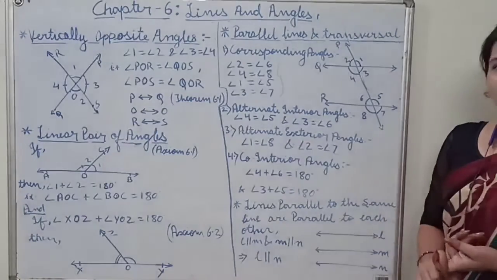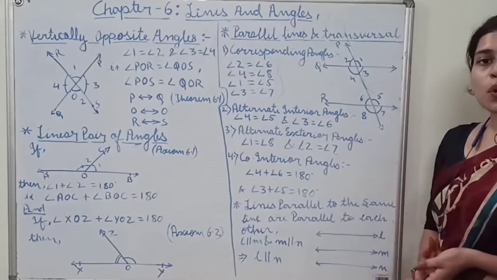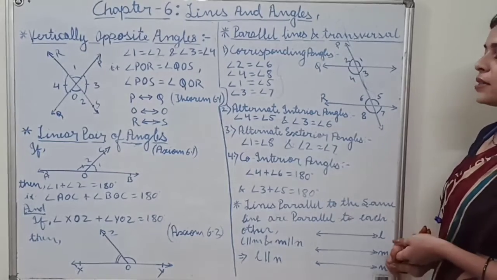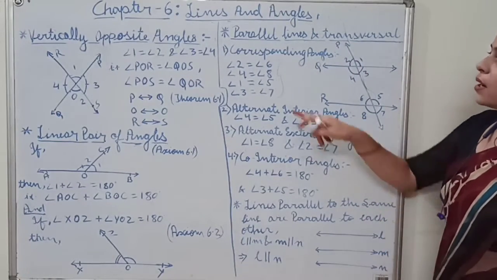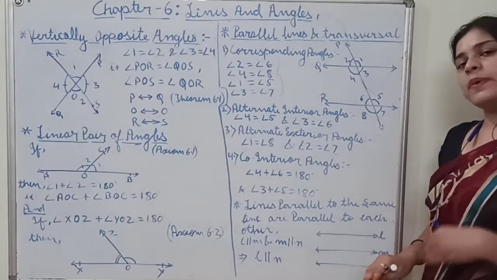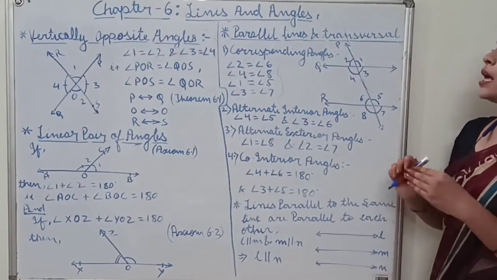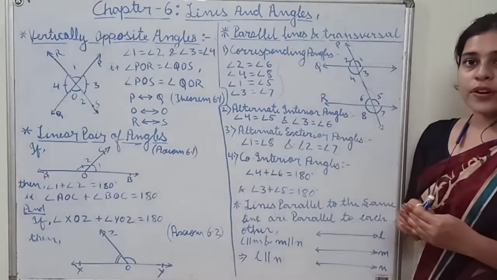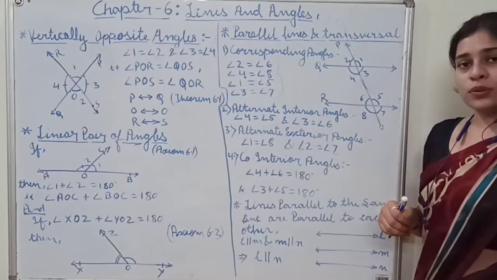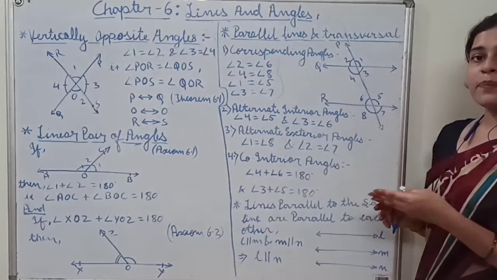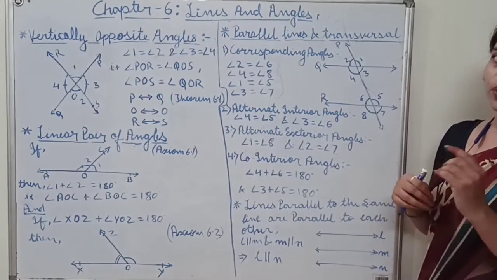Again I am repeating: if two lines are parallel and a transversal intersects them, then each pair of corresponding angles will be equal. And the reverse of this: if a pair of corresponding angles are equal for lines intersected by a transversal, then the two lines will be parallel to each other.